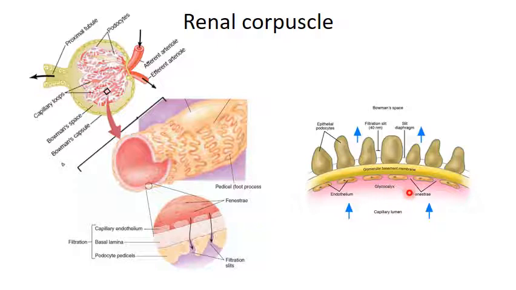However, this protein is negatively charged. So being negatively charged, it will not be able to cross the filtration membrane, although its size is less than the net pore size. It is less than 8 nanometer, but because it is negatively charged, it will be retained within the blood. And we know that albumin is the smallest protein. So it means virtually no protein will be able to filter out as a part of glomerular filtrate.